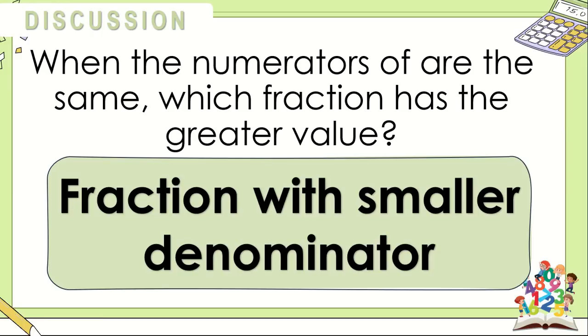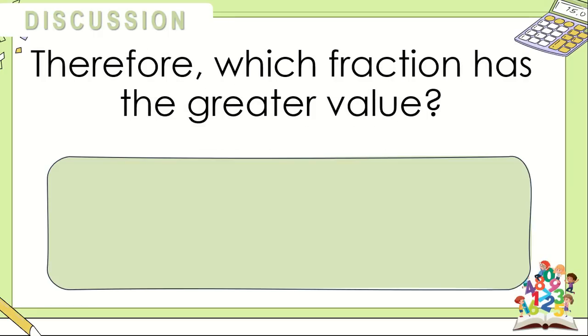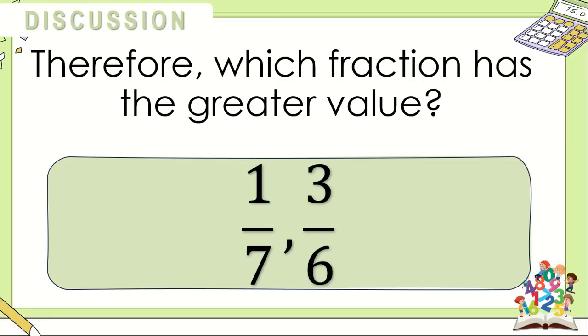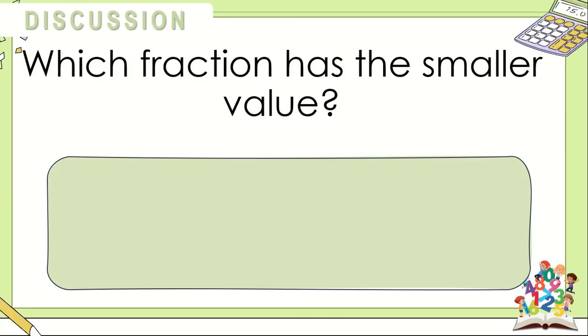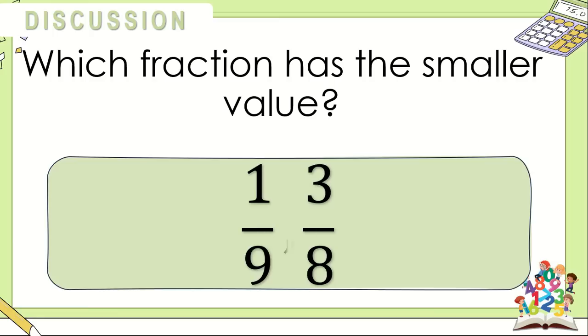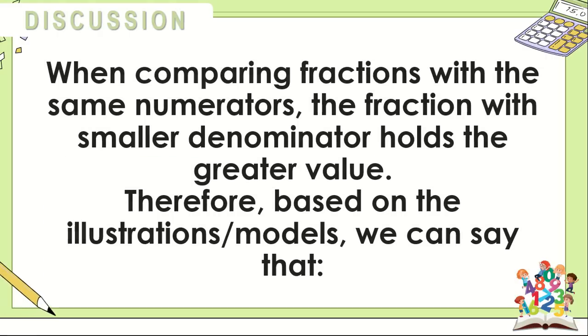Fraction with smaller denominator. Therefore, which fraction has the greater value? 1/7 and 3/6. Which fraction has the smaller value? It's 1/9 and 3/8. When comparing fractions with the same numerators, the fraction with smaller denominator holds the greater value.